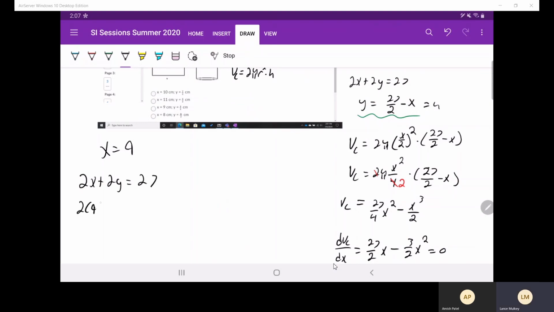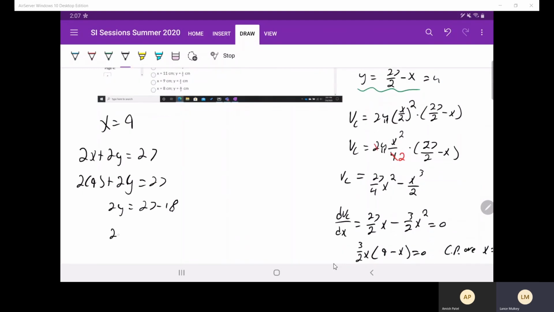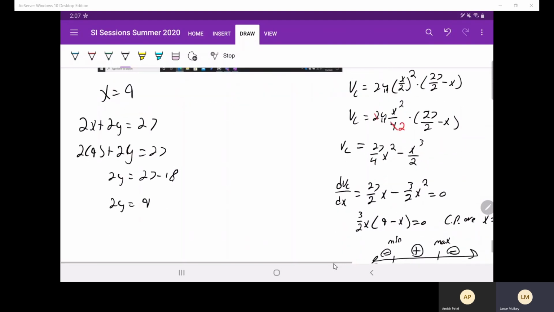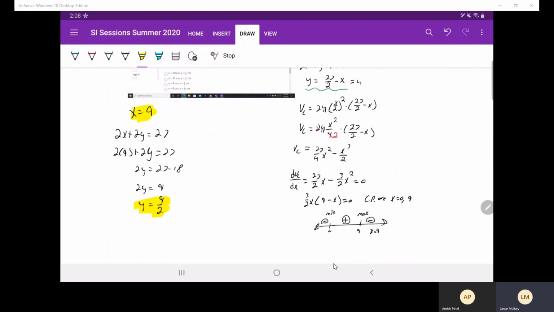So 2 times 9 plus 2 times y, 27. 2y equals 27 minus 18. 2y equals 9. y equals 9 over 2. Everything good so far?